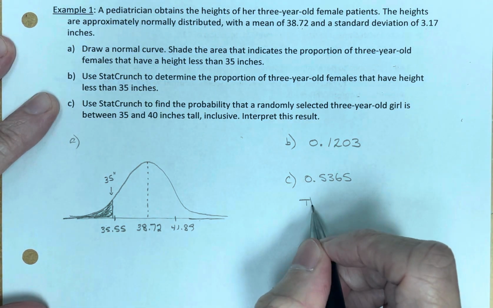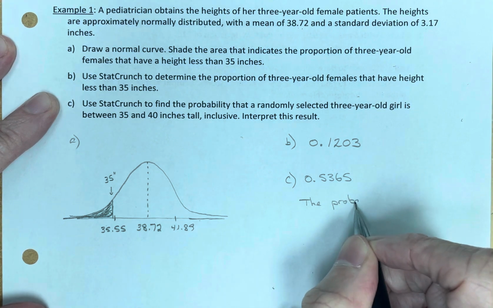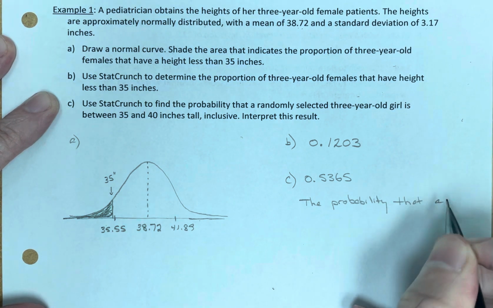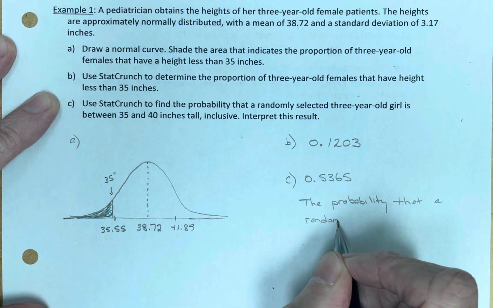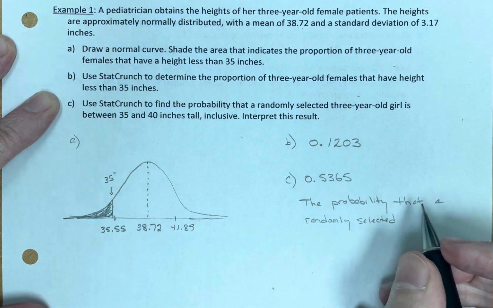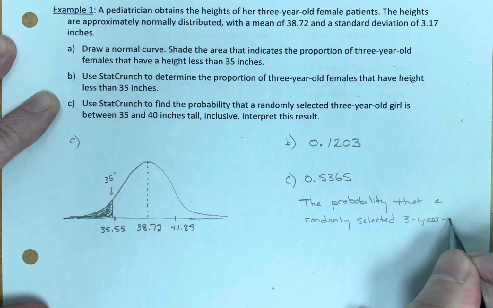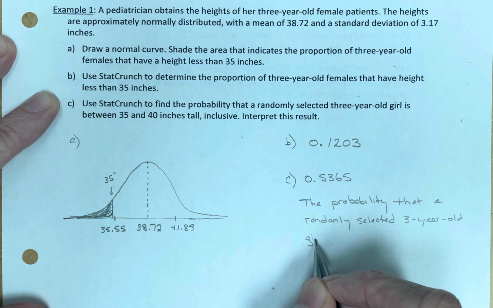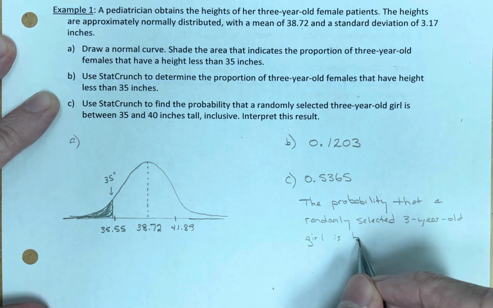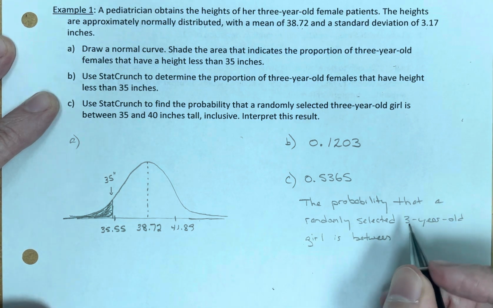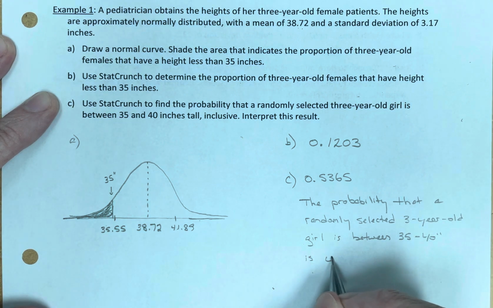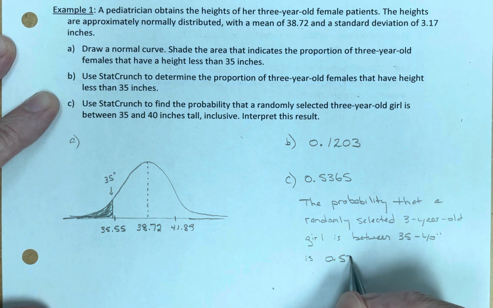And this tells us the probability that a randomly selected three-year-old girl is between 35 and 40 inches is 0.5365.